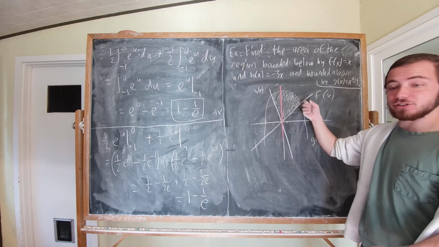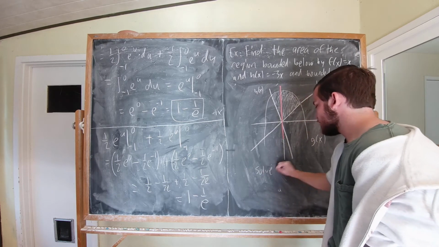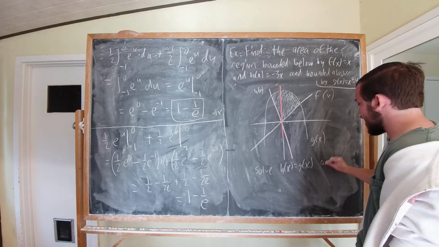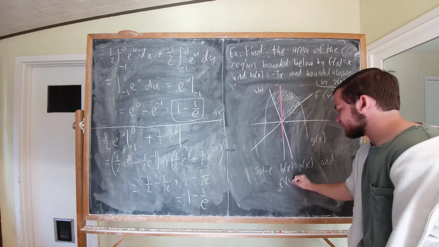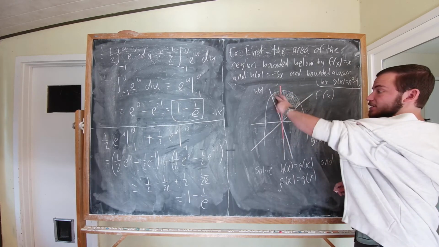Well, we need to find all those intersection points, right? So if we solve h of x equals g of x and f of x equals g of x. Why? H of x equals g of x will give us those 2 points.